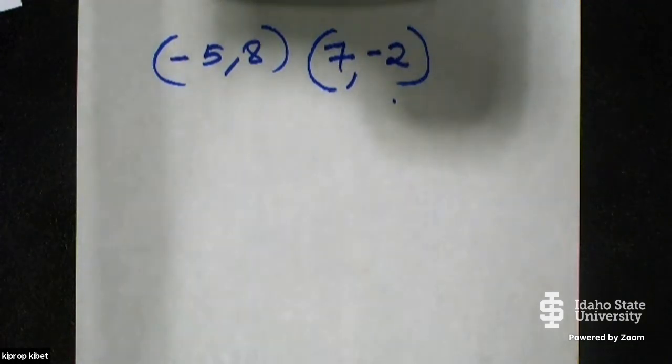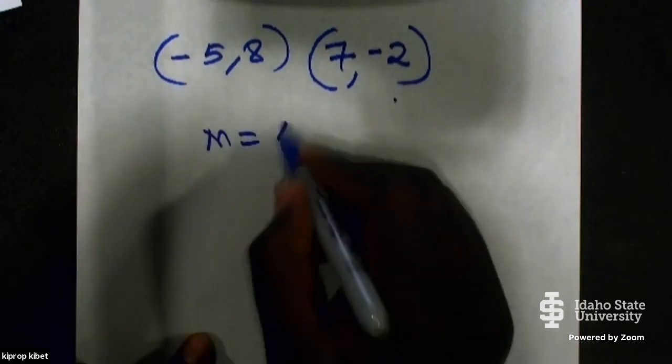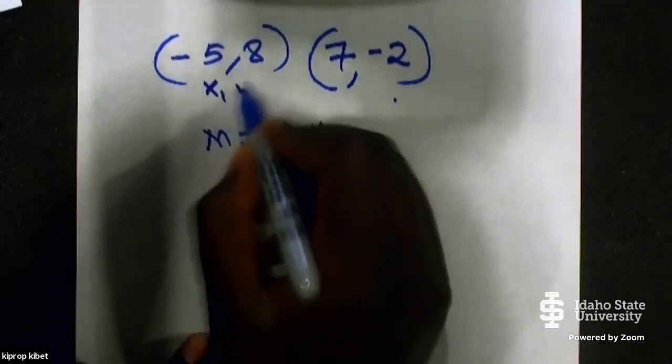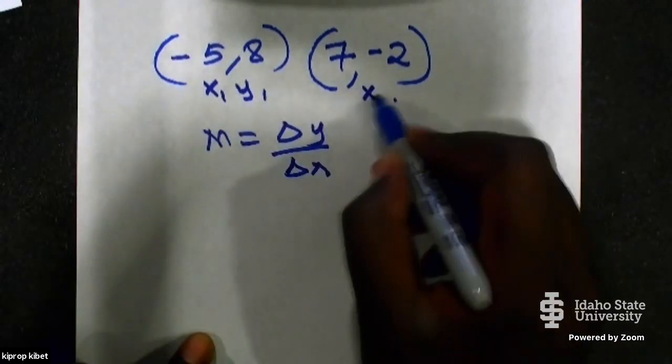Where should you start from? You start by getting m, right? So m equals change in y over change in x. You take this one as x1, y1, and this one as x2, y2.